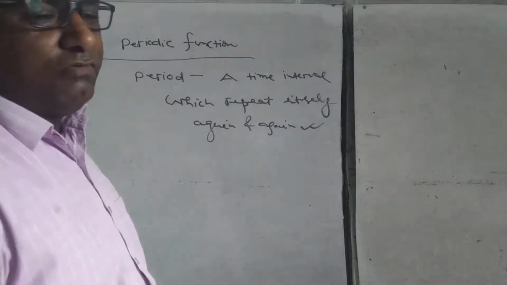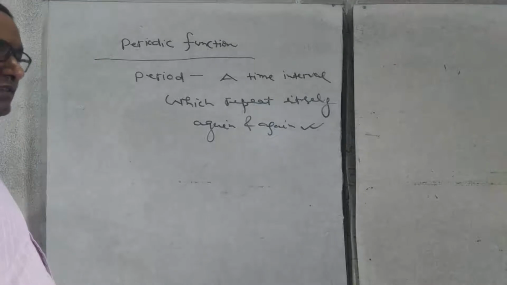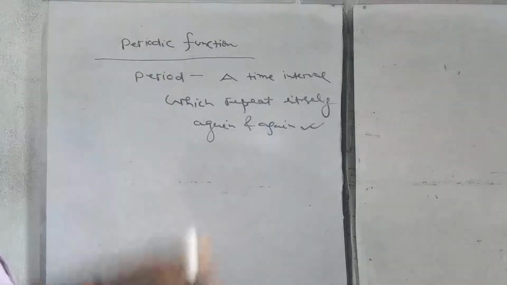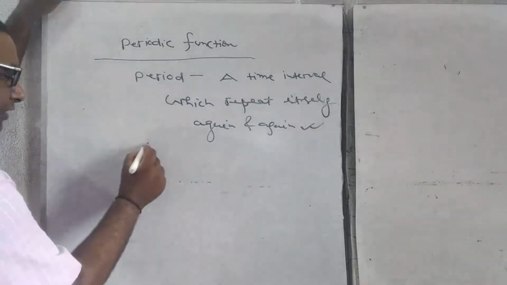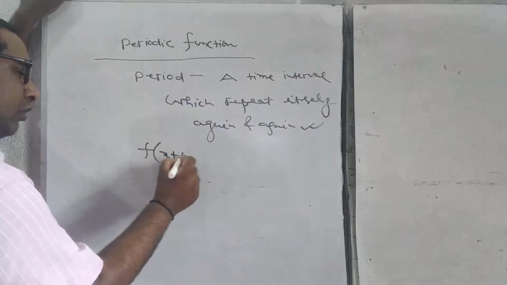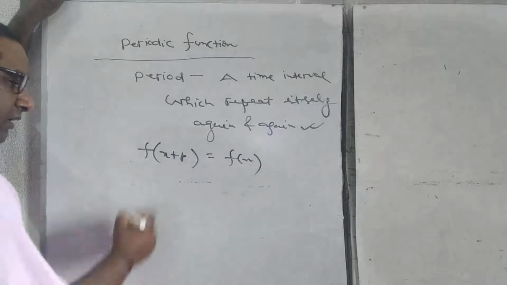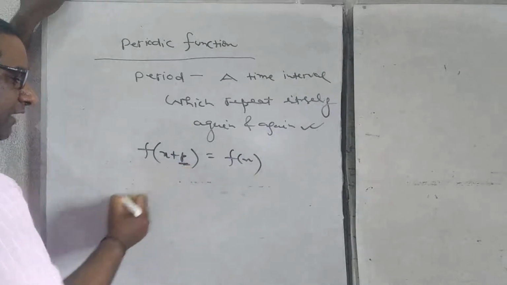the properties of atomic number, because as we move through the group or period, we can find the same pattern. So here also, the periodic function means a function which gives a similar value after addition of the values.